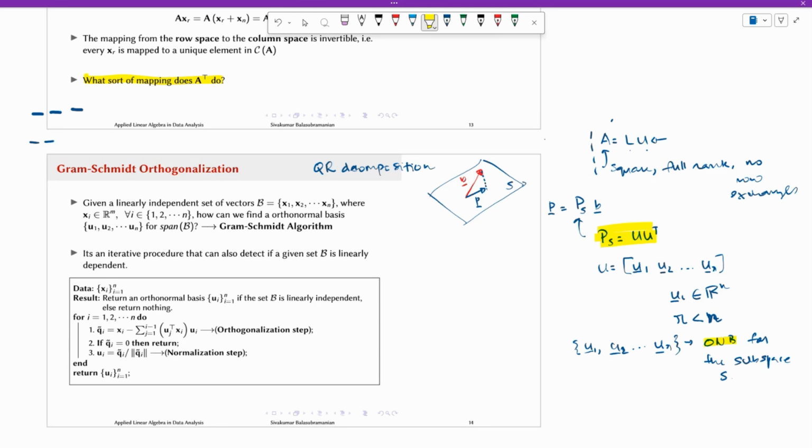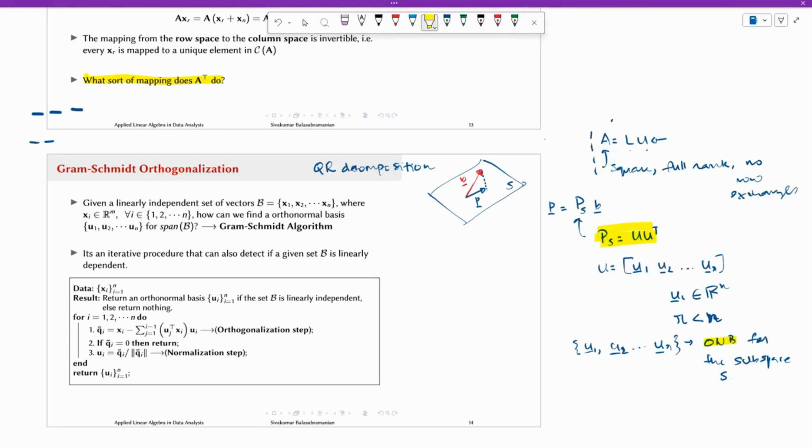Okay. Now the question is, what if we don't have an orthonormal basis, but we just have a basis? If I have any arbitrary basis, can I generate an orthonormal basis using it? Right.